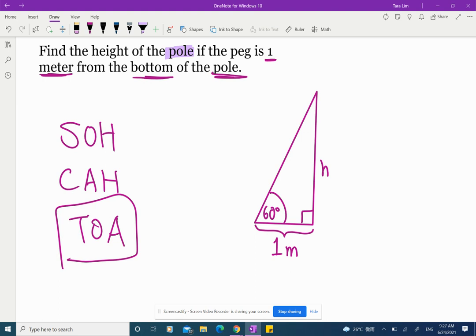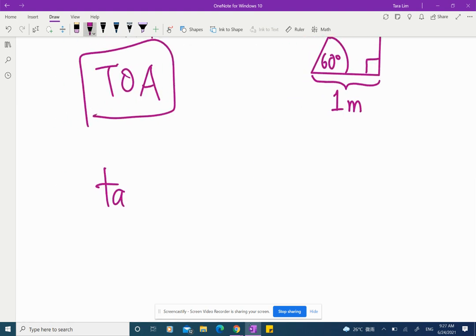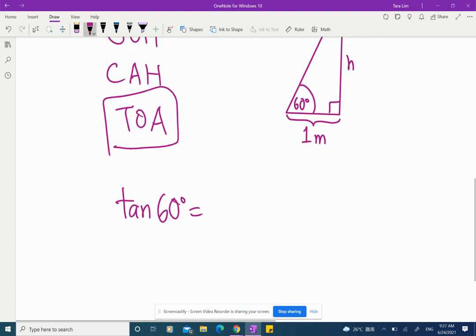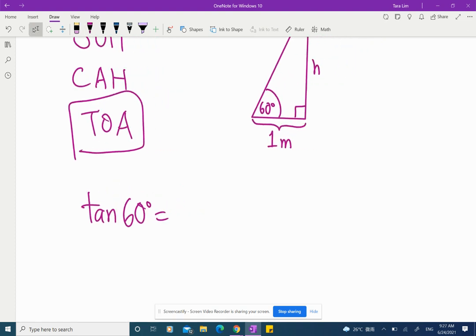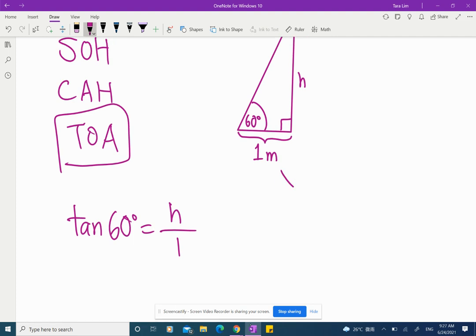We're using the tan method. So tan 60 degrees is equal to O over A. So O is H, A is 1. Because this is 1 meter, this is A, and this is opposite. So TOA means O over A, so O divided by A.